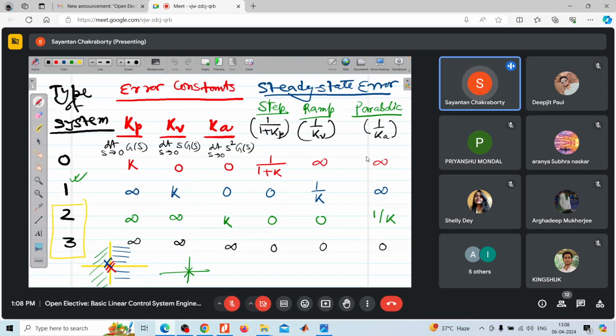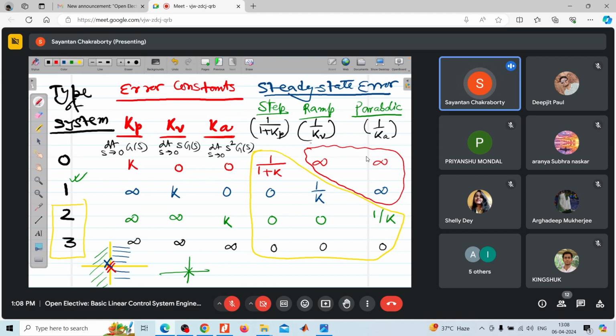You can definitely say what should be the steady state value, whether there should be steady state error or not. But when the steady state error becomes infinity, then you should put your hands up. I do not know anything about the response. I cannot say anything about that. So it is only true for this set. You cannot say anything about this set. You should not be involved in discussing anything regarding this set. Right?